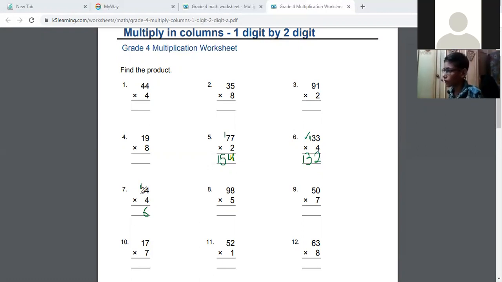Add carry with 12. 12 plus 1 is 13. Okay. Let's do another question.